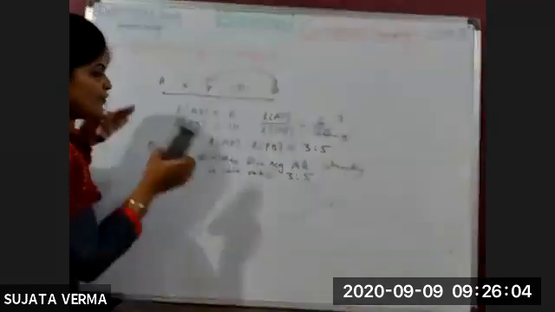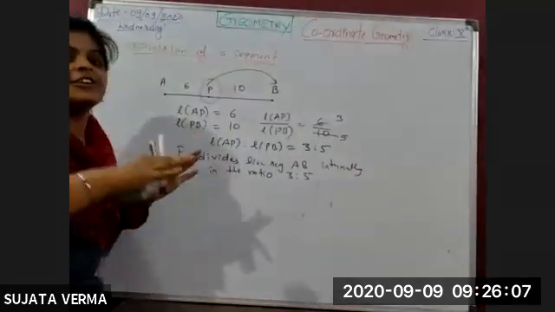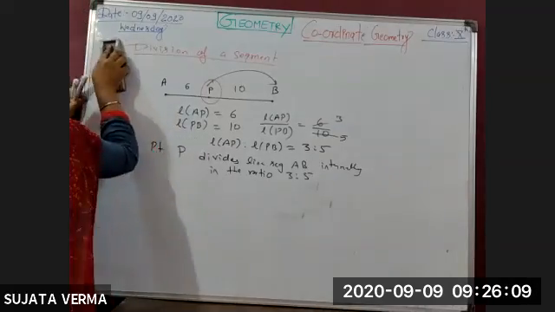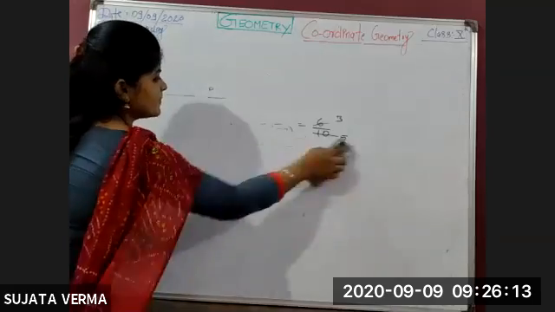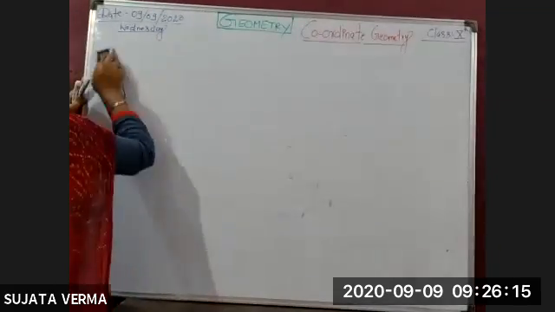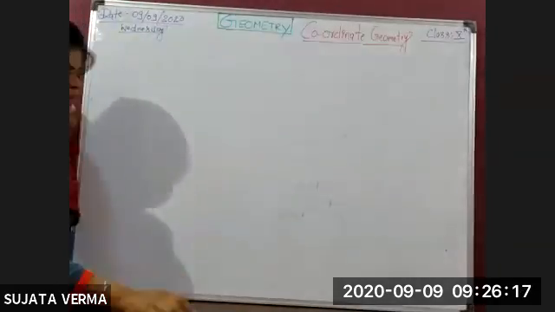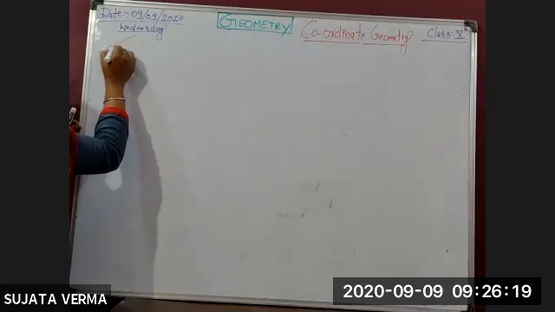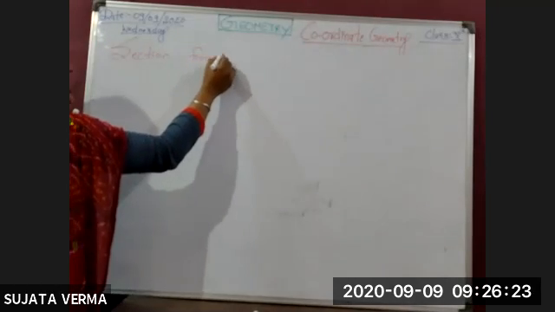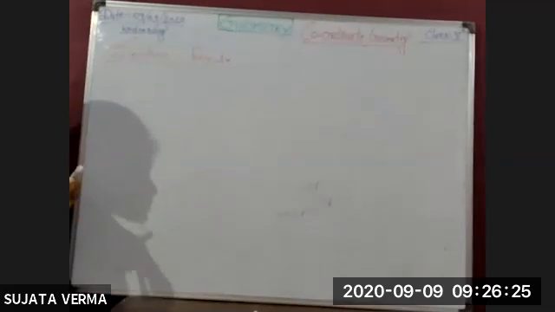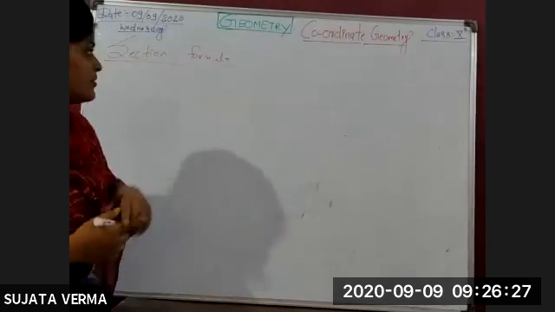Now, if this is clear, then we see what is meant by section formula. Okay, now section formula. First we derive the formula, then we solve the questions based on the section formula.